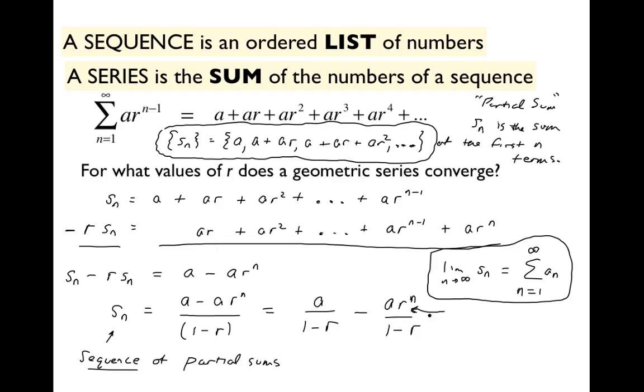So we know from the geometric sequence, if R is between negative 1 and 1, then that is going to go to 0 as n gets really big. And thus this whole thing will go to 0. But only if R is between negative 1 and 1.